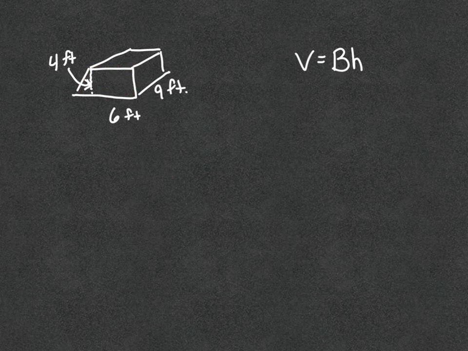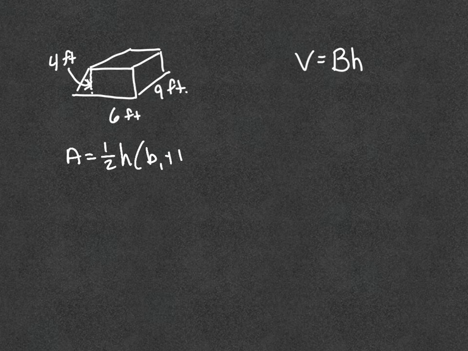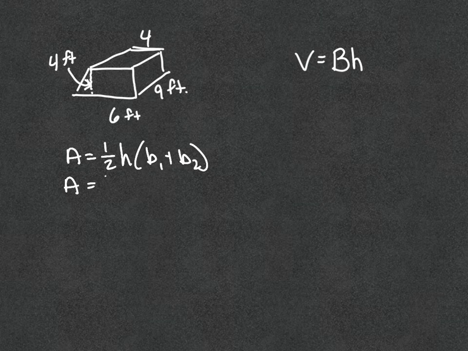So I need to remember my area of a trapezoid formula, because step one is find the area of the base. Just a quick reminder, the formula for area of a trapezoid is 1/2 the height times base 1 plus base 2. Oh, by the way, this is 4 across here. So I will just simply plug in my numbers.